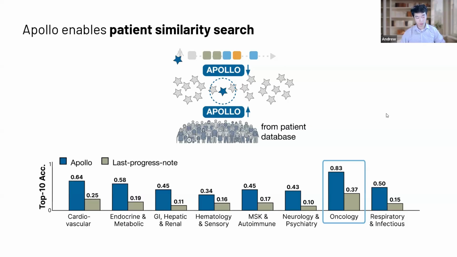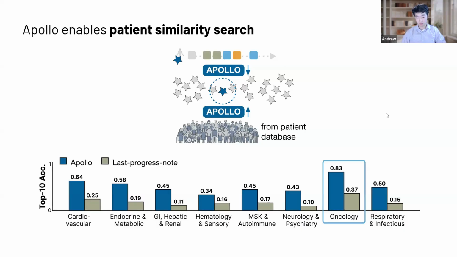The closest to being able to do patient level similarity search is just taking the embedding of the last progress note. And the last progress note contains the most comprehensive detail about that patient. It includes labs. It includes things that the doctor thinks is important about the patient, as well as typically a summary of the entire course of disease.